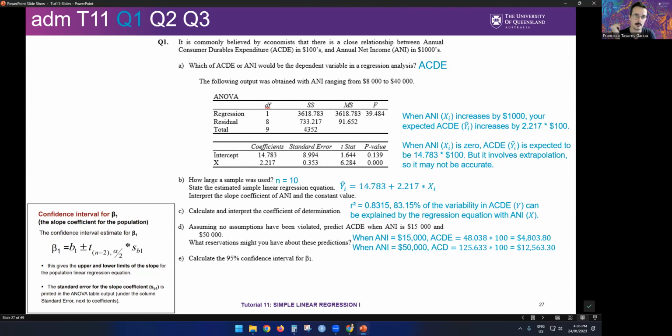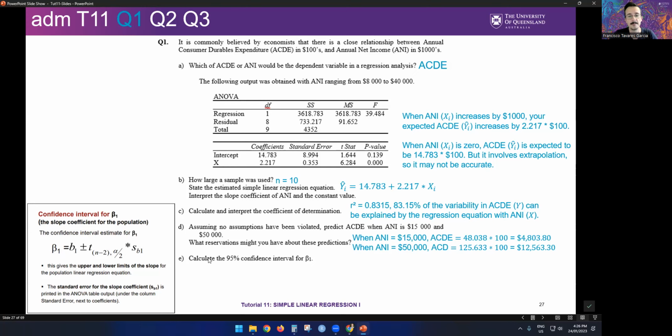Another difference to think about, in this case, now we're doing simple linear regression. We are using n minus 2 for our degrees of freedom in the T table. And because a confidence interval has plus and minus both sides, it will be alpha divided by 2.